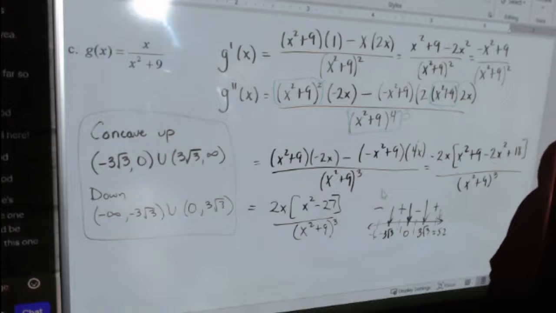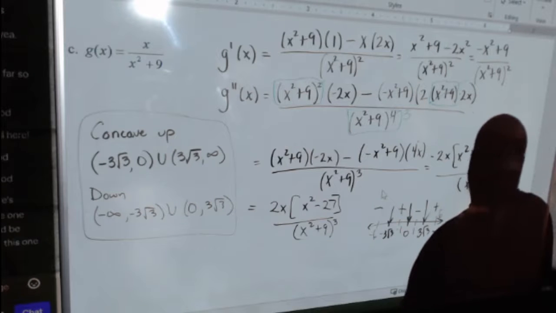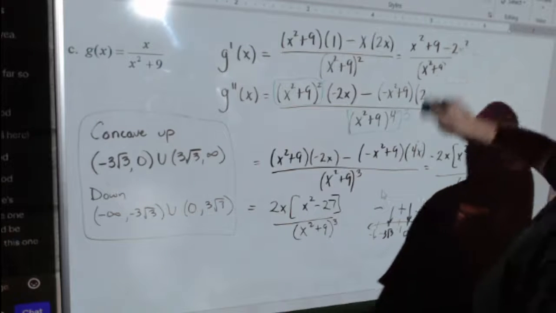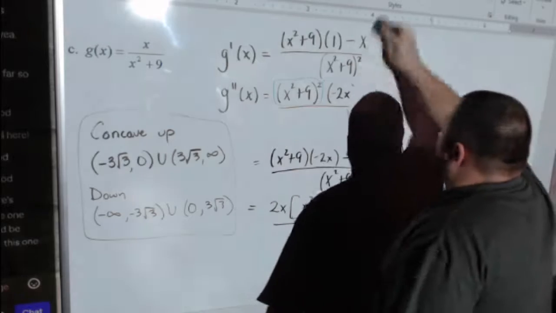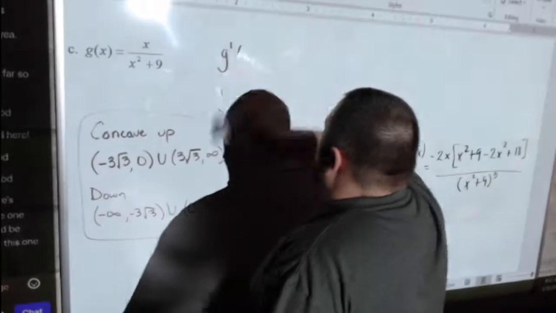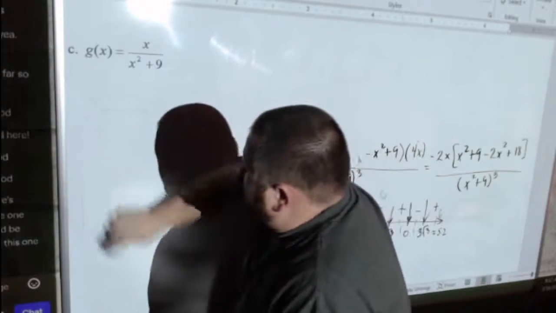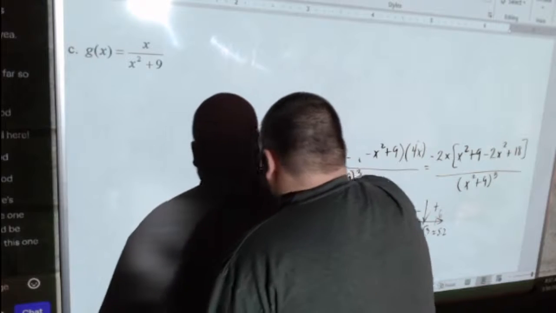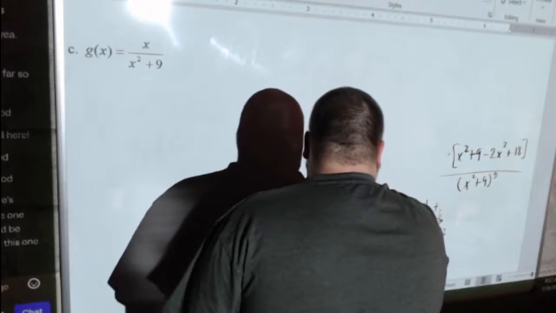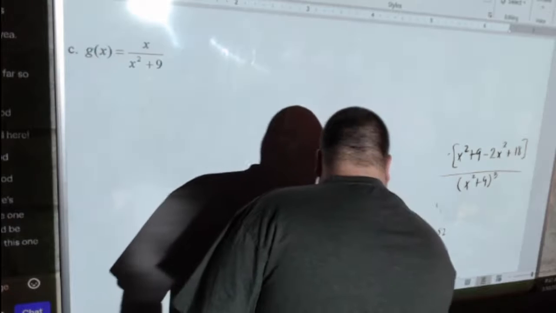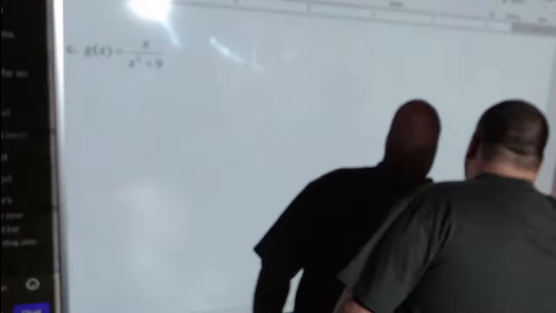Alright, so I'm going to go ahead and erase that. So far we have done both first and second derivative tests. So the first derivative test tells us whether something is increasing or decreasing.